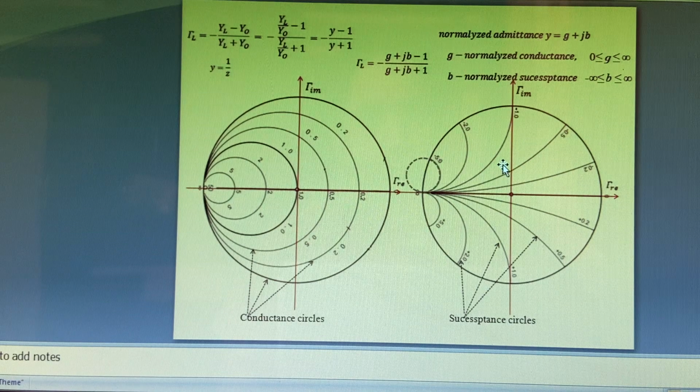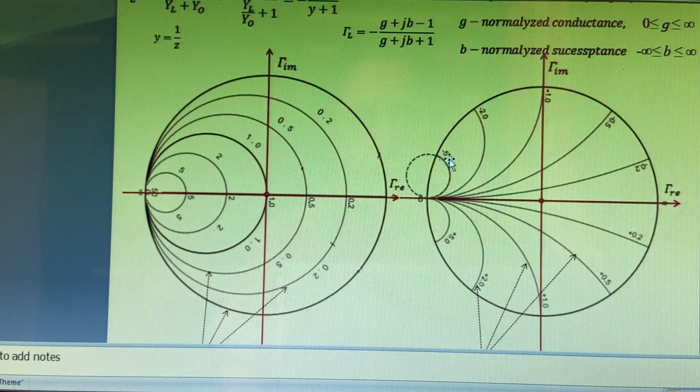So there are circles like this on the Smith chart for every value of B, and the susceptance values are written outside the circle.